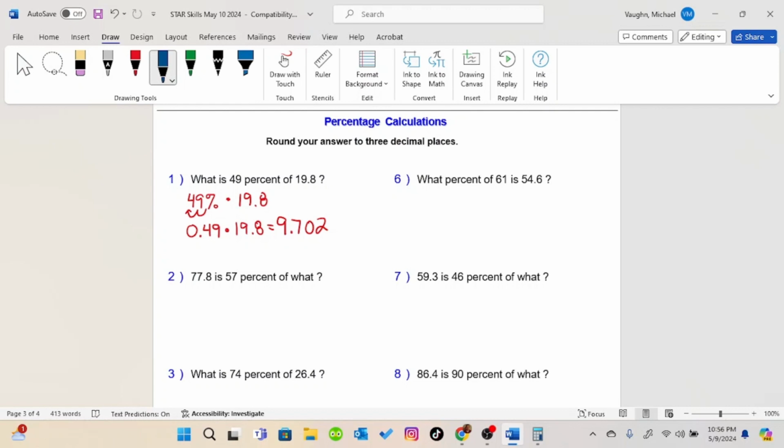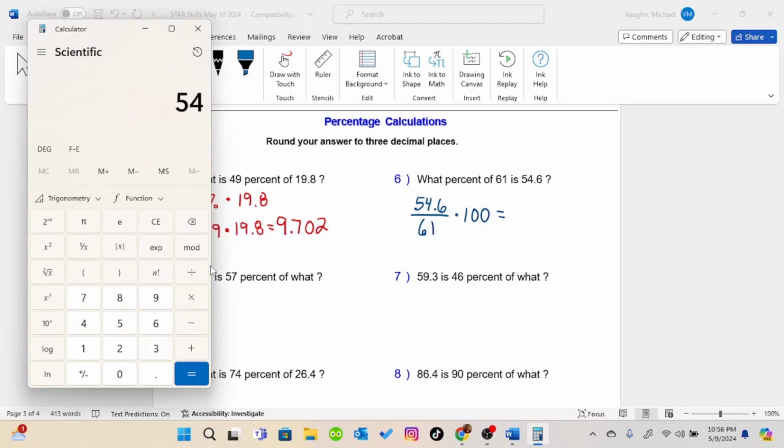Now we know the total is 61 and we know that the number portion is 54.6. So we're going to take 54.6 and divide it by 61. Then we're going to multiply by 100 to make it a percentage.